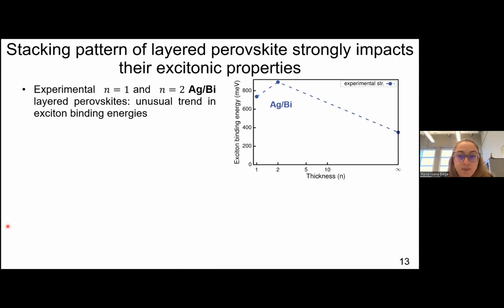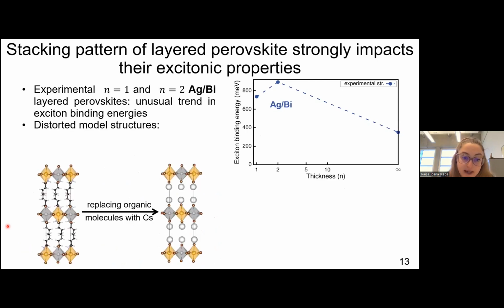So we tried to explain the unusual trend that we see in the exciton binding energy. First we looked into the effect of molecules, because we wanted to see if this is coming from the molecules or not. For that, we constructed distorted model systems. We replaced the molecules with cesium, and we kept all the distortions as in the experimental systems, and repeated the entire theoretical workflow.